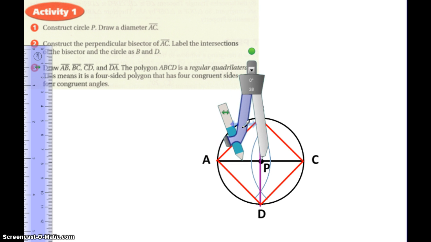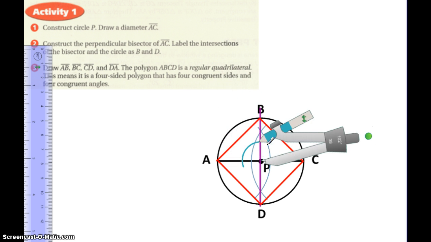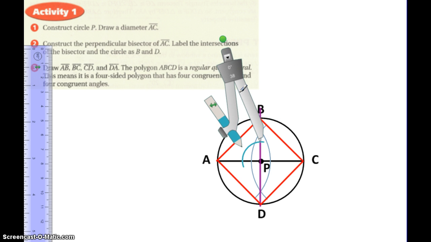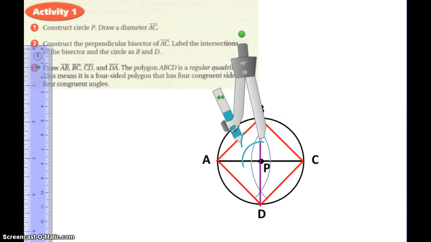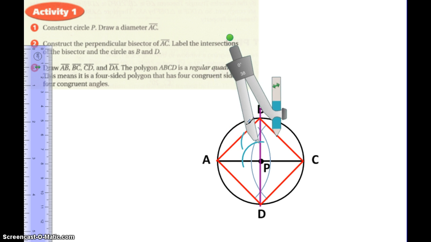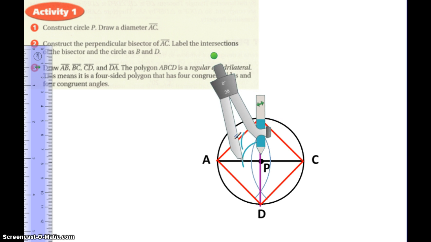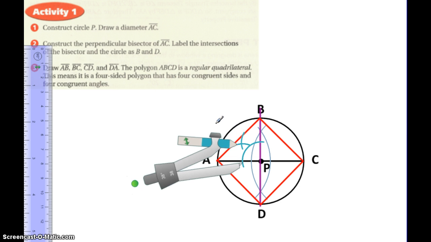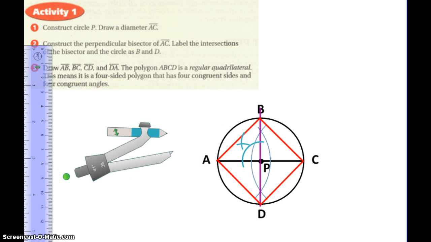Okay, remember when you're bisecting an angle, you create an arc, and then from that arc create 2 arcs in the interior. Then what we would do is we would connect point P through there.